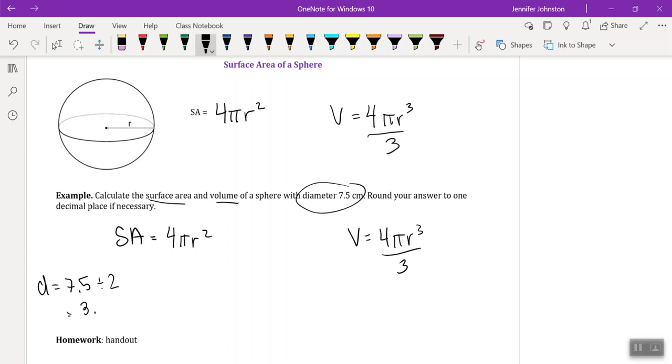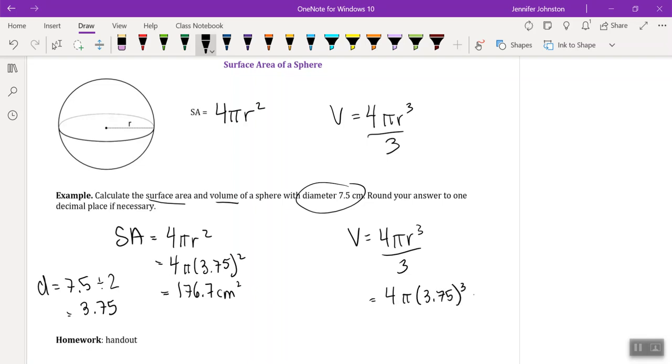That gives us 3.75. So we have 4 pi times 3.75 squared. Again, go put that in your Desmos calculator. You should get 176.7 centimeters squared.